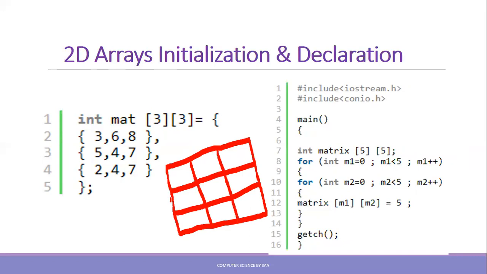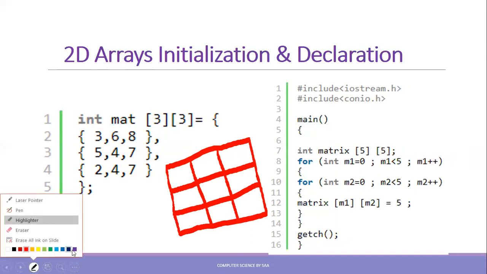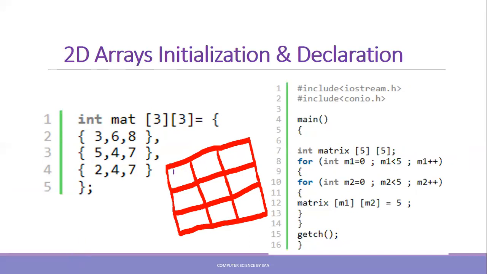Now how will these values be assigned? First of all, 3 will be assigned over here, then 6, 8, 5, 4, 7, and 2, 4, 7.